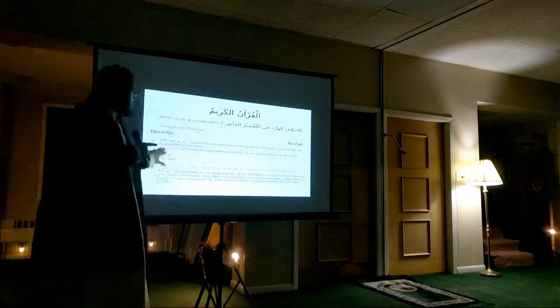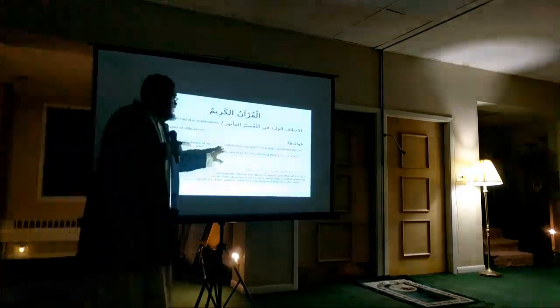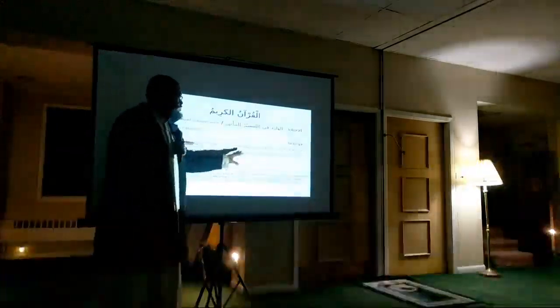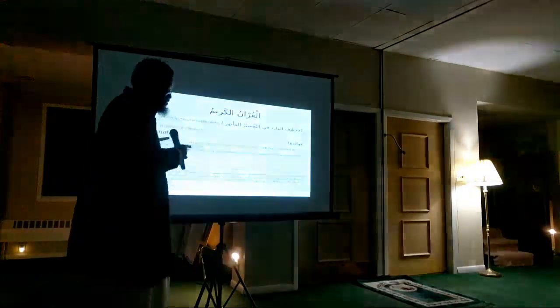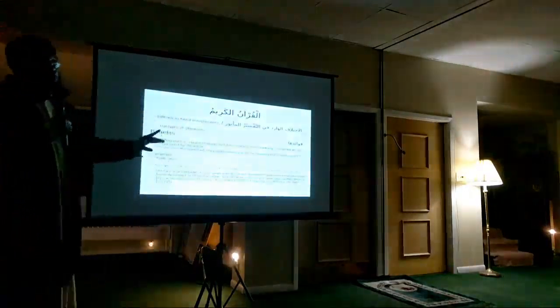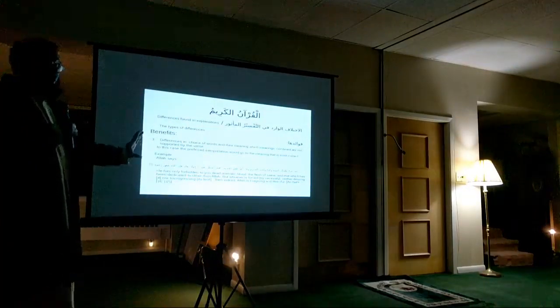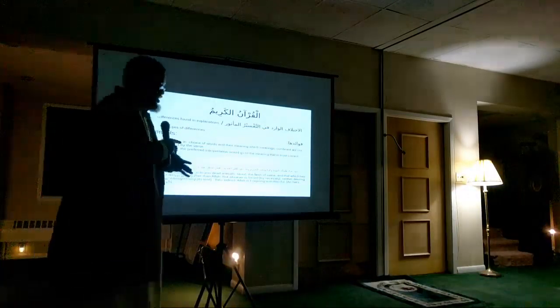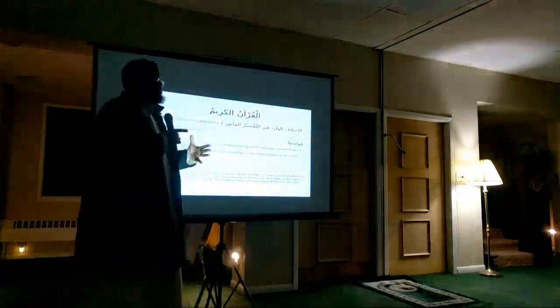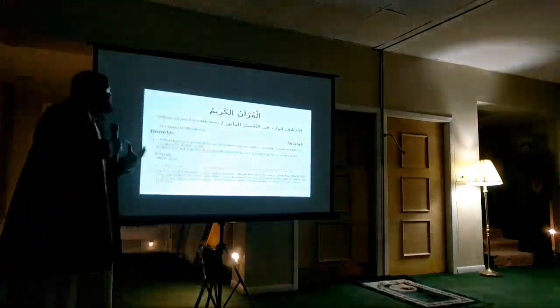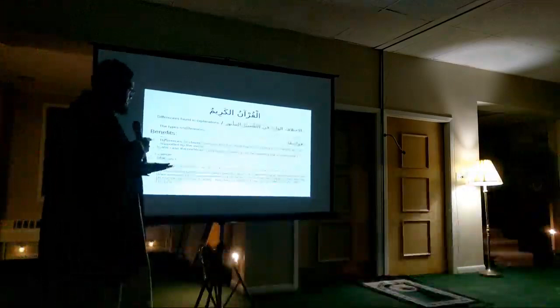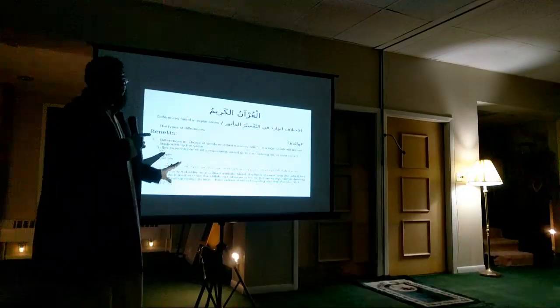In that case, the preferred interpretation would go to the meaning that is most correct. You have two meanings. One cannot really be justified as an explanation. The other one can. So in that scenario, we take the one that can most likely be an explanation over the one that most likely is not. So let's look at an example of that.